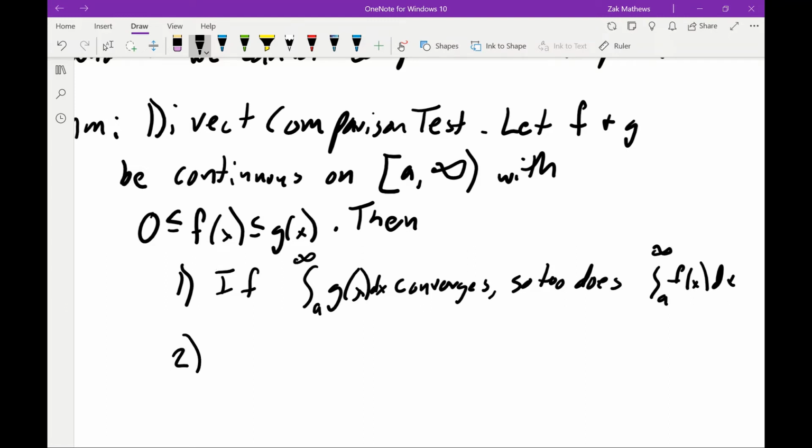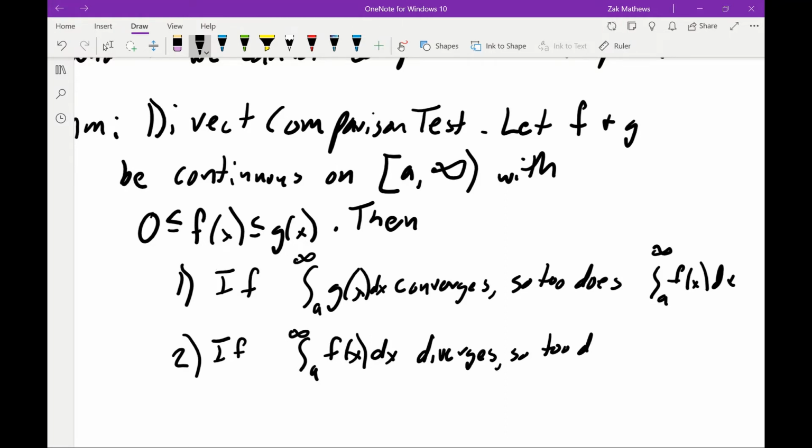And the other thing we know is if the integral from a to infinity of f of x dx diverges, so too does the integral from a to infinity of g of x dx.